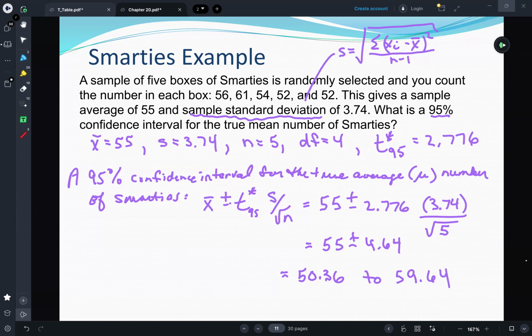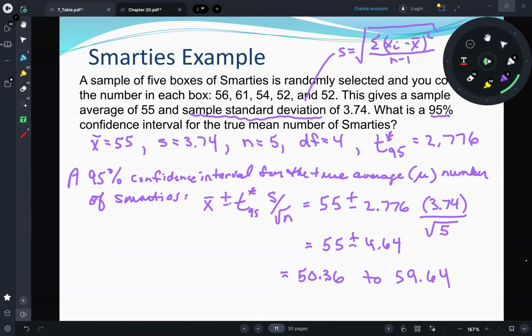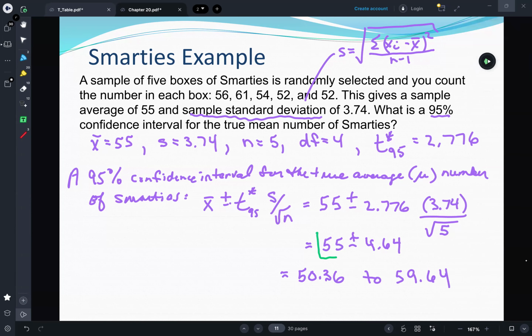Number of Smarties in the box. So we're not doing weight, we're simply looking at the number of Smarties in the box. Right, so we have two answers, two ways to express the confidence range. It could be like this, or it could be like this.